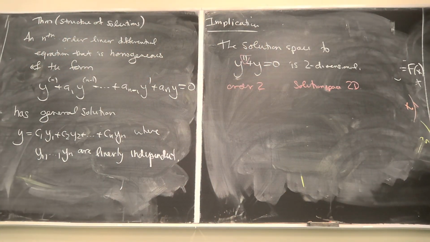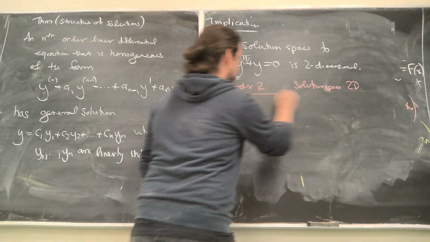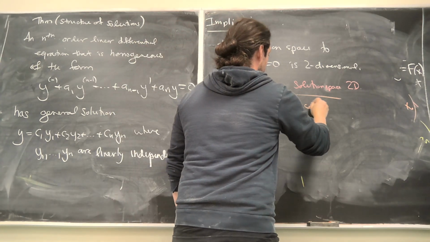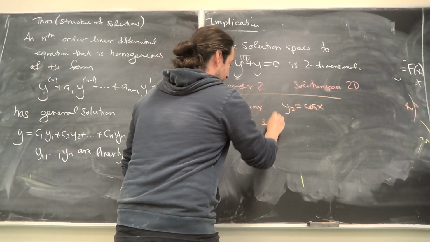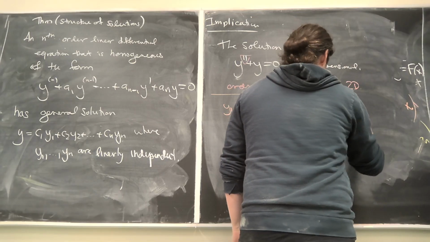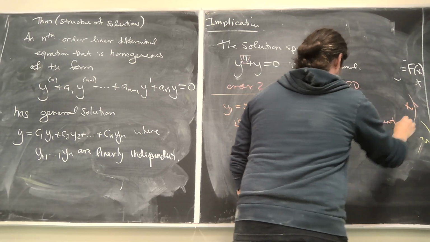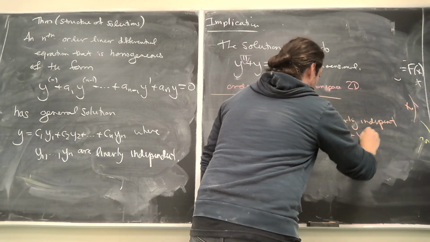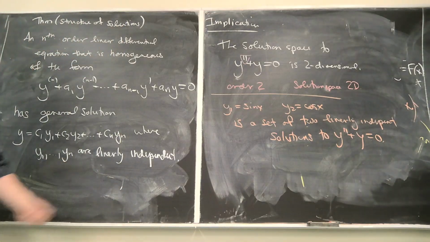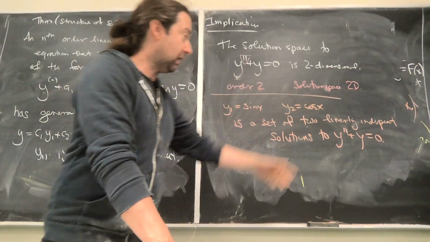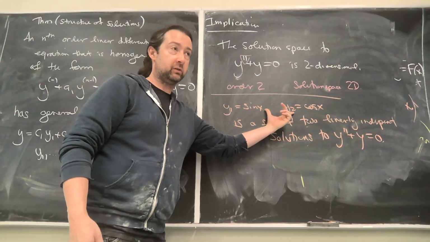So if we go back to what we started the class with, when I'm talking about sine and cosine here, we have shown already that y1 equal to sine of x and y2 equal to cosine of x is a set of 2 linearly independent solutions to y double prime plus y is equal to 0. I've already got 2 of them. The theorem says that there is exactly a 2-dimensional solution space, but I have 2 linearly independent solutions.